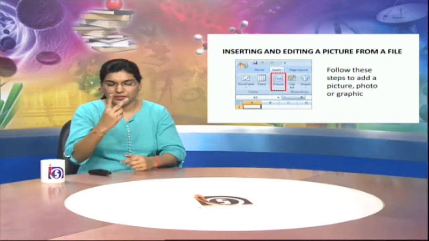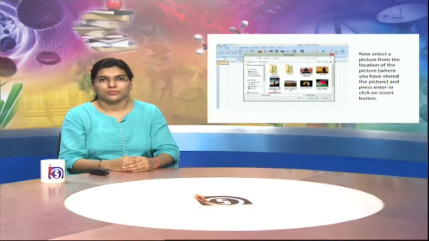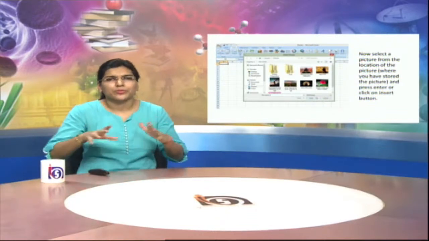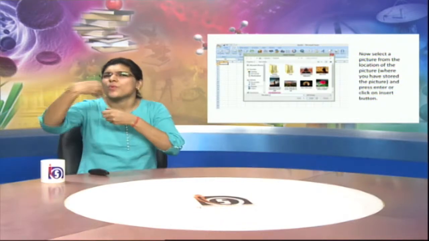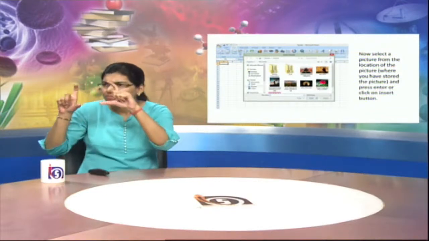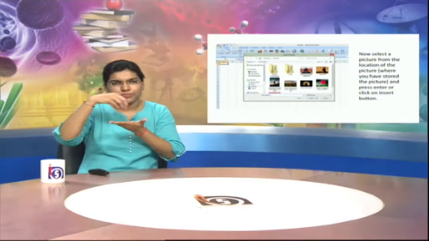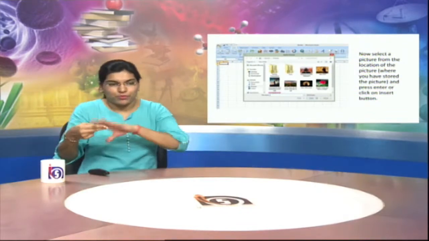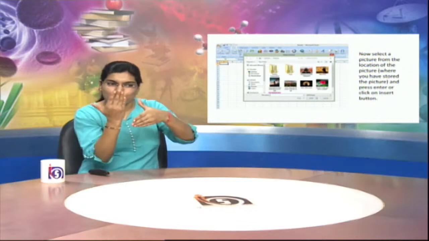You already have seen that when you click on this, please see on the screen. You all can choose any image, like an image of a phone, or any image which you have just clicked in your mobile or camera and collected. All those images you can put in your computer through a pen drive.